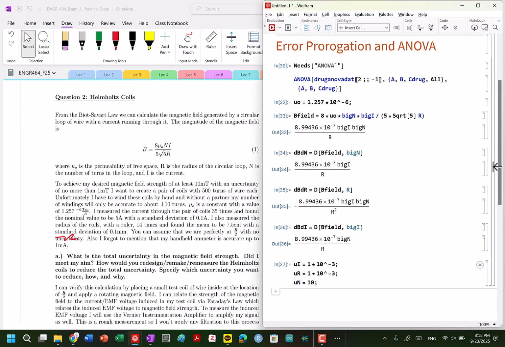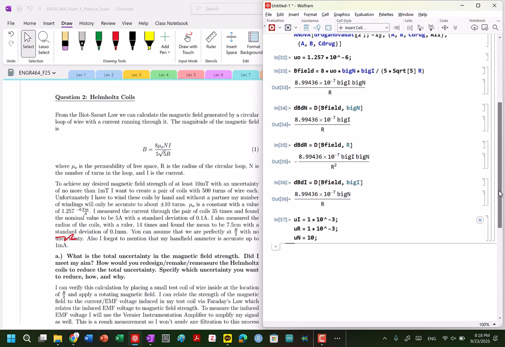Great. So we can actually do bias right now. I usually don't do this, but let's go ahead. Let's say my bias is going to be equal to the square root of dB dN times the uncertainty in N, divided by my B field, because I want it in fractions, squared, plus, now you can copy and paste this.